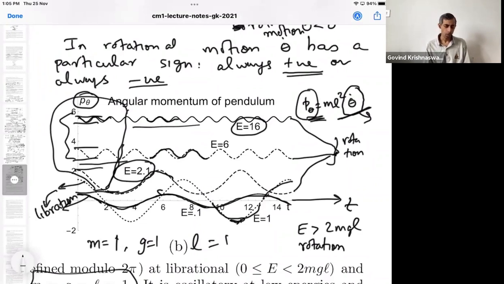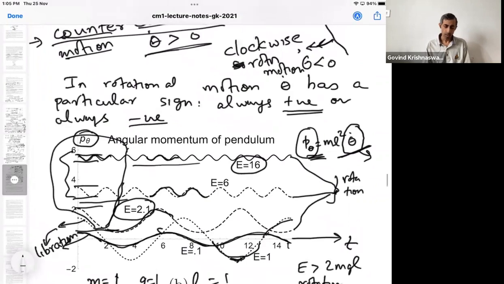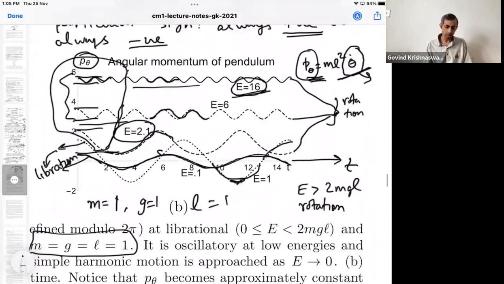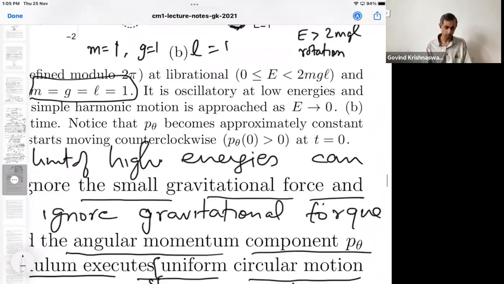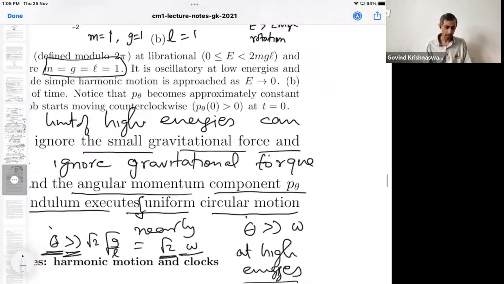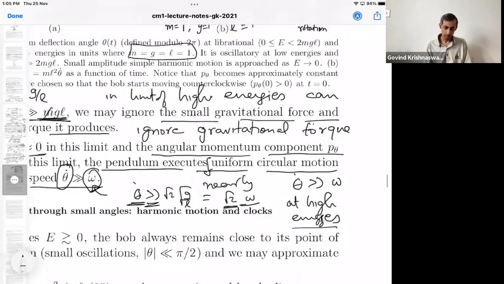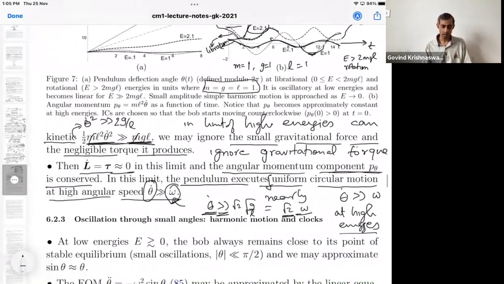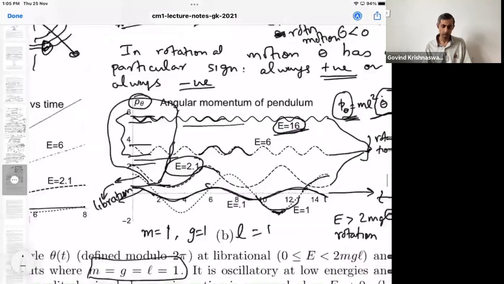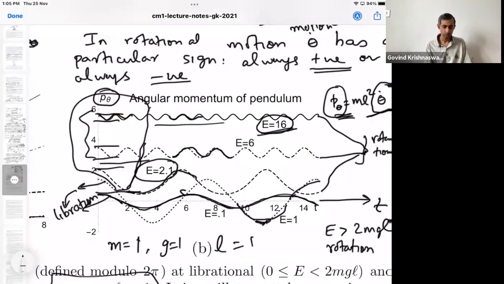I hope it is not a surprise then that for very large energies, the angular momentum may not be exactly constant, but it is going to fluctuate around a mean value with very small deviations, which then recovers our intuitive expectation that at high energies the angular momentum component p theta is conserved. So that is what this figure is conveying to you. At very high energies, angular momentum is an approximately conserved quantity.